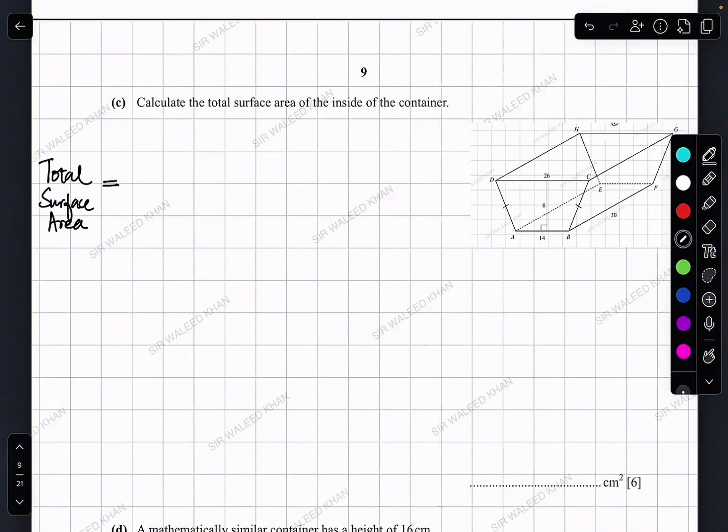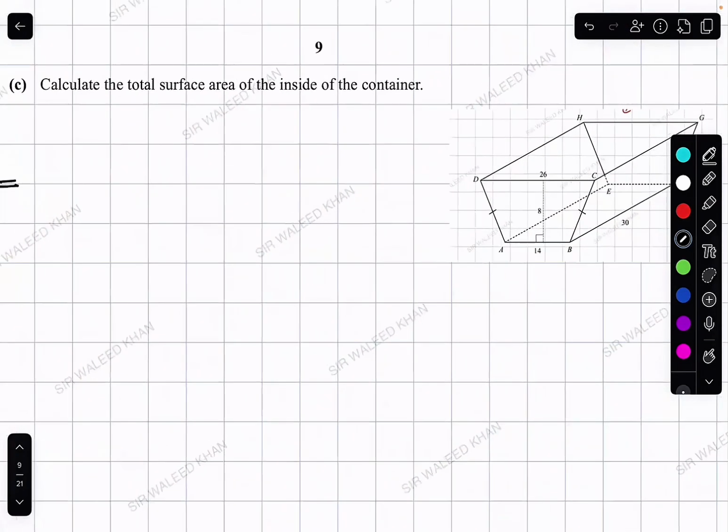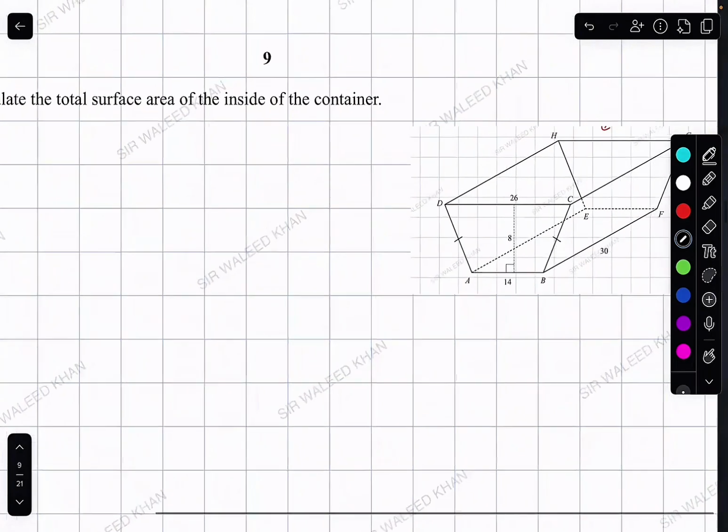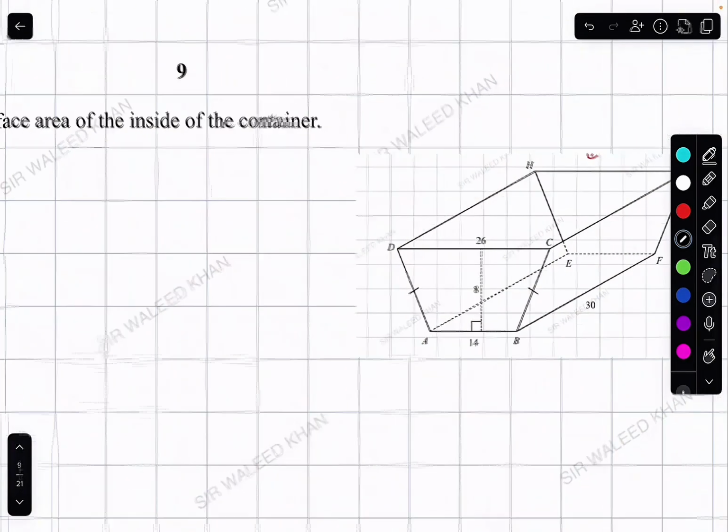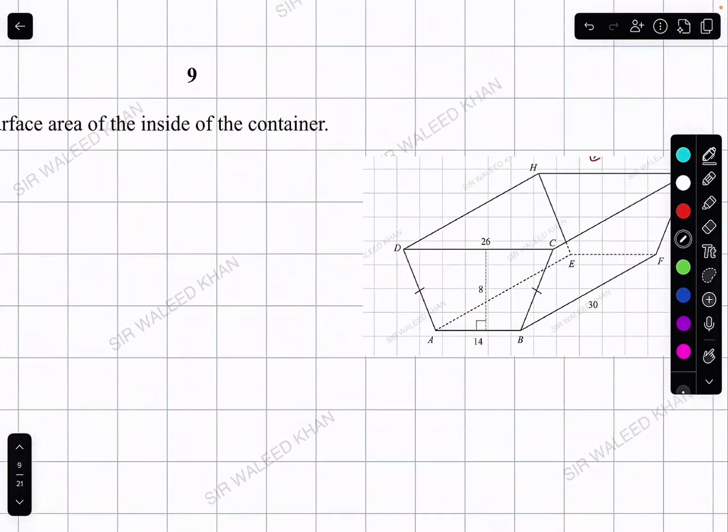Yes, be quick, Cindy, so that I can ask them and explain. Okay, Hiba, yes. For surface area, I told you, imagine you have a paintbrush, right? And you want to paint the inside of this shape. How many shapes can you paint?